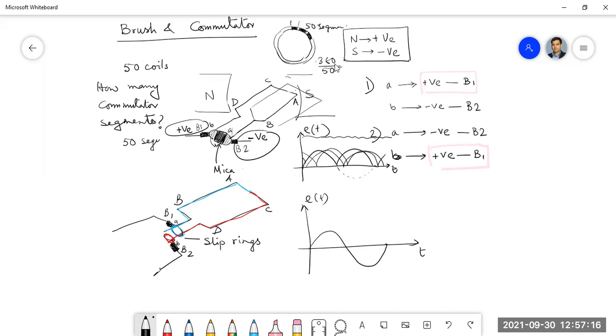Then I will ask somebody else. 132, Auditro Chatterjee, are you there? Yes, sir. You just tell me how many commutator segments must be there in case of 50 coils.